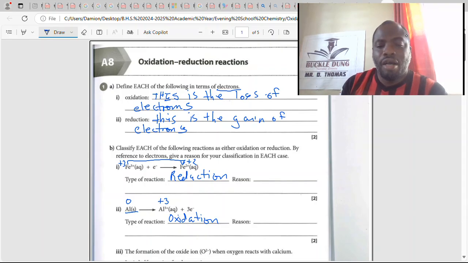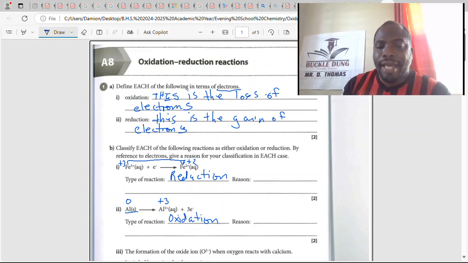And an increase in oxidation state is oxidation.